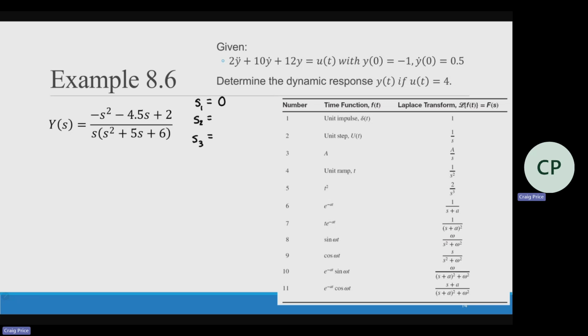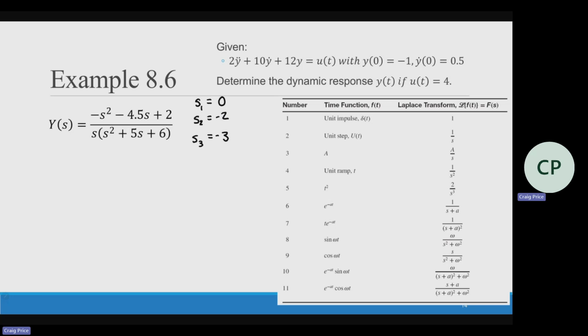I think it's just 2 and 3. -2, -3. They're actually not complex in this case. We'll get to complex soon.